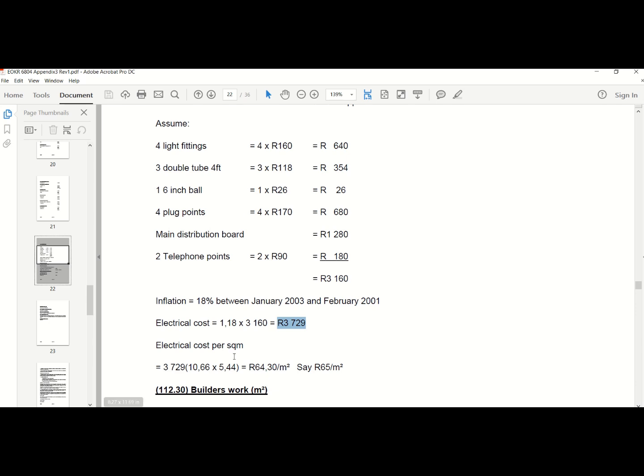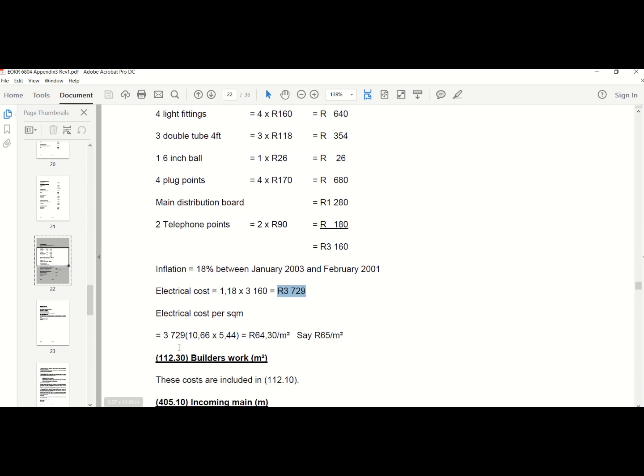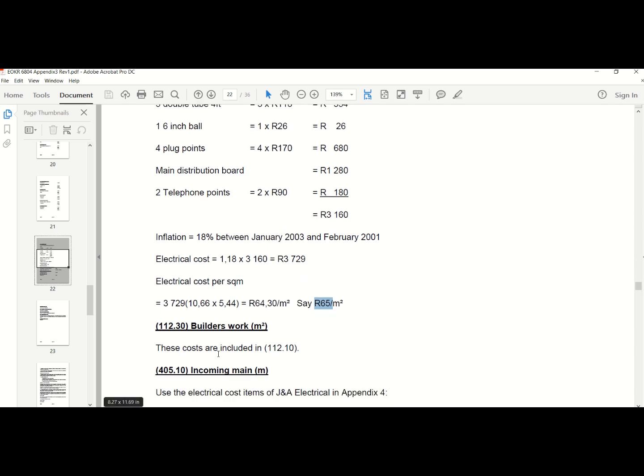Okay, so you would see what they've done here is they've taken this rate that they have here, they actually multiplied it with the square meterage to get to a rate of 65 Rand per square meter. Okay, and then you would see here it was included in the rate that they actually built up here.